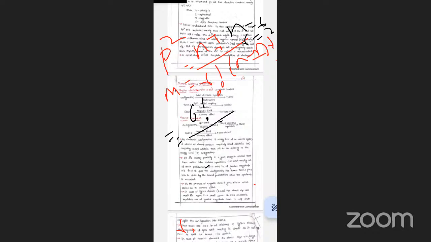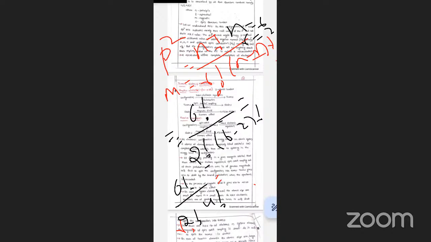How many electrons are there? 2 electrons. That means 2 factorial into (n minus r), which is 4 factorial. Simplify this equation: 6 factorial divided by 2 factorial into 4 factorial.